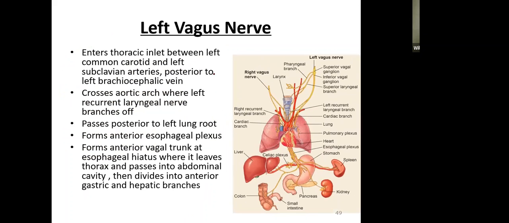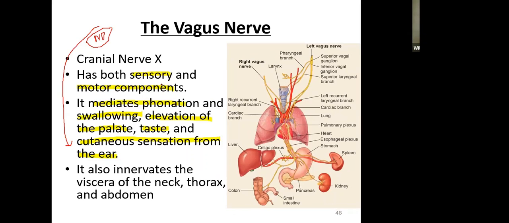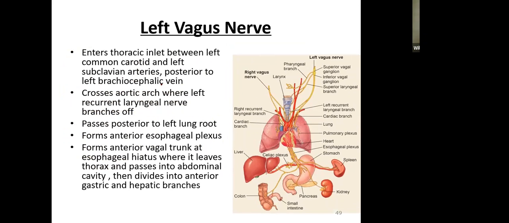The left vagus nerve enters the thoracic inlet between the left common carotid and subclavian arteries, posterior to the left brachiocephalic vein. The left and right are different because the left vagus nerve is going to hook around in a different part. It crosses the aortic arch where the left recurrent laryngeal nerve branches off, as we've talked about.